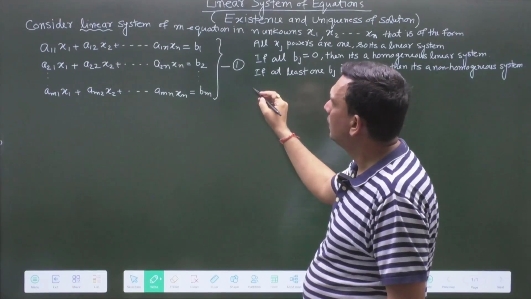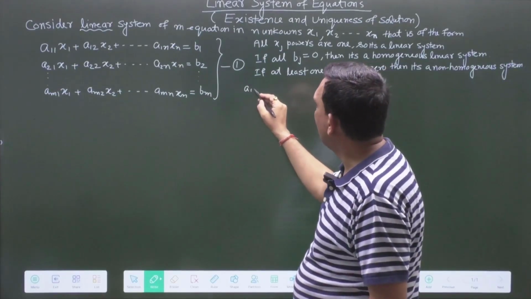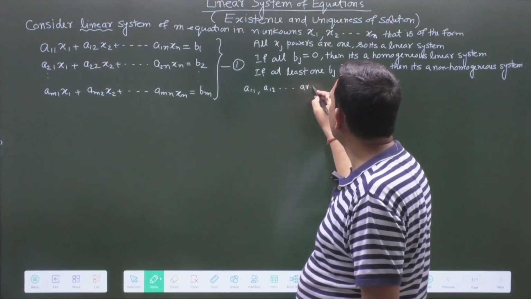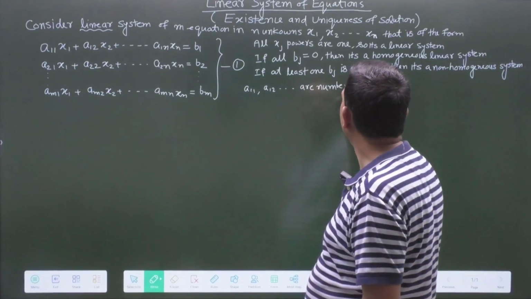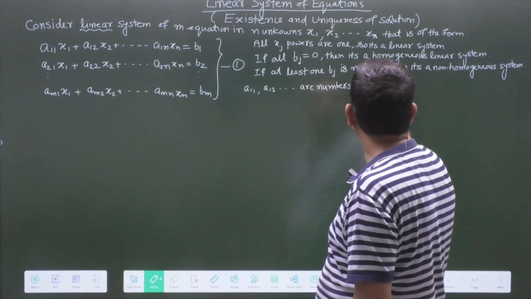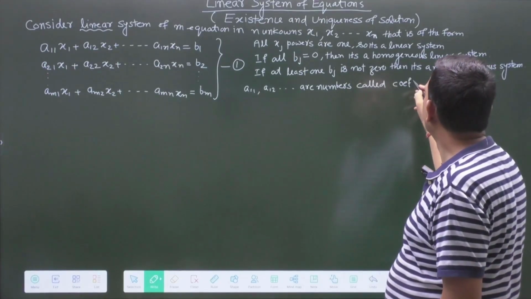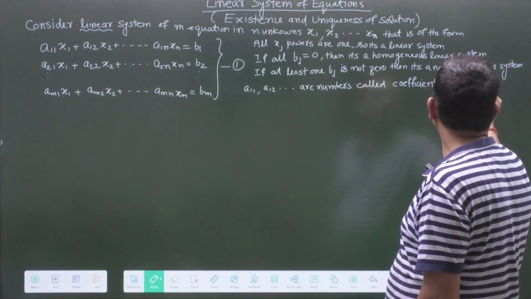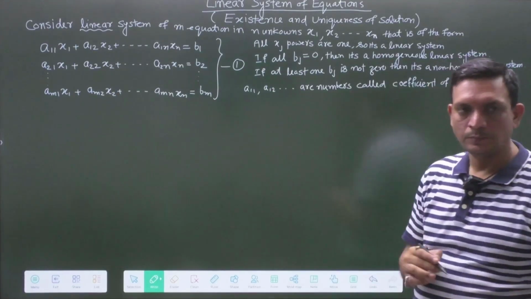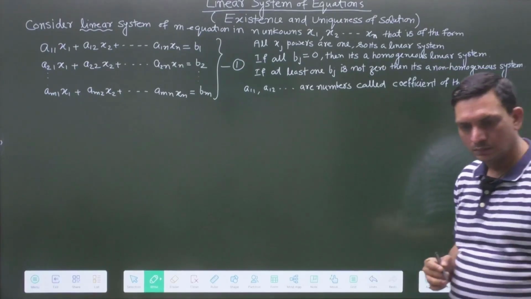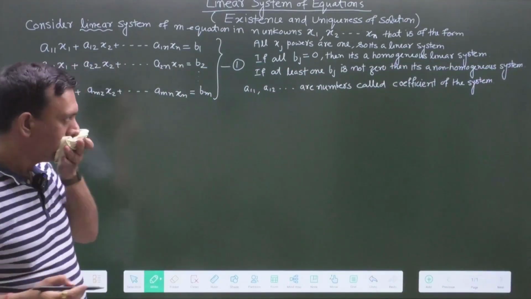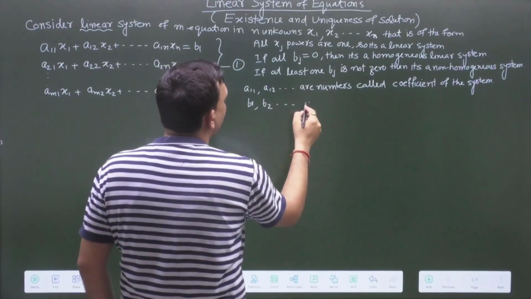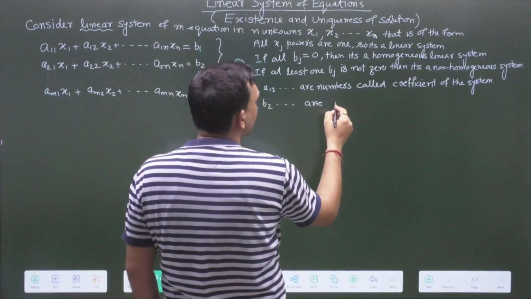Now, this a11, a12 and so on are numbers called the coefficients of the system. These b1, b2 are also numbers.